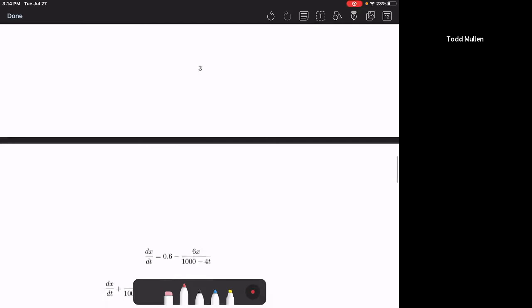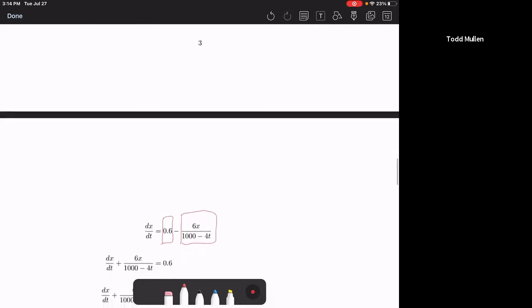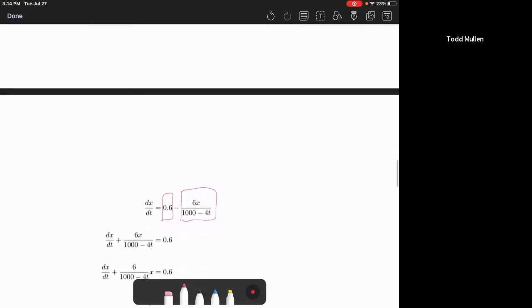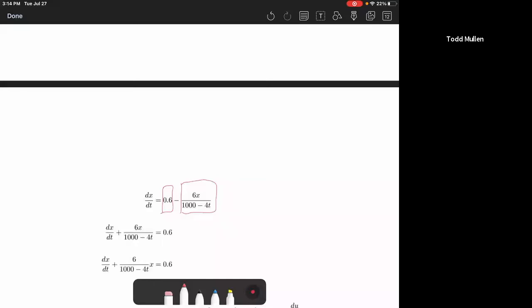The problem now becomes input minus output. This is no longer separable. This is actually a linear equation. We have the derivative plus something times x is equal to something else, where these are just functions of t.